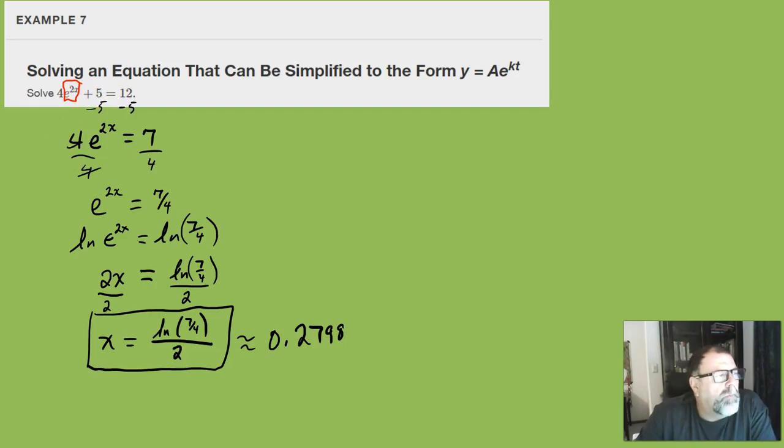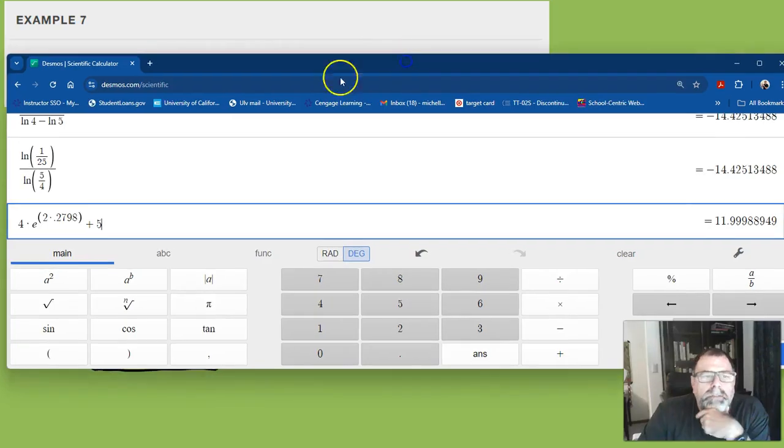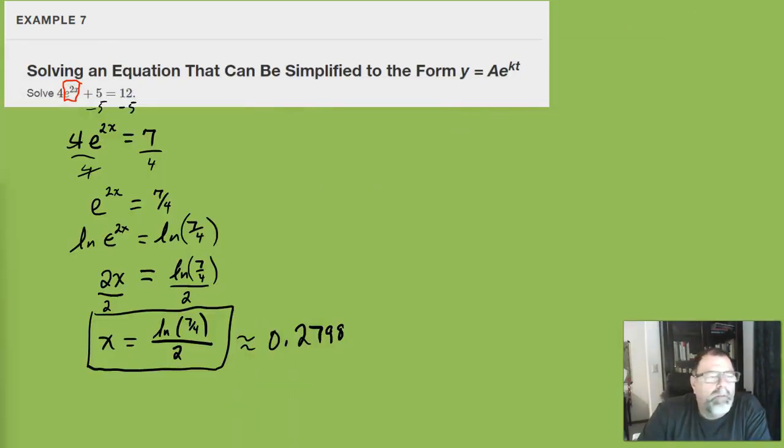We rounded, so it won't be exactly 12, but close to 12. And you can see when I typed it into the Desmos scientific calculator, I get 11.99988. Again, because I rounded, it's not going to be exactly 12, but close to 12. So the exact answer is this expression.